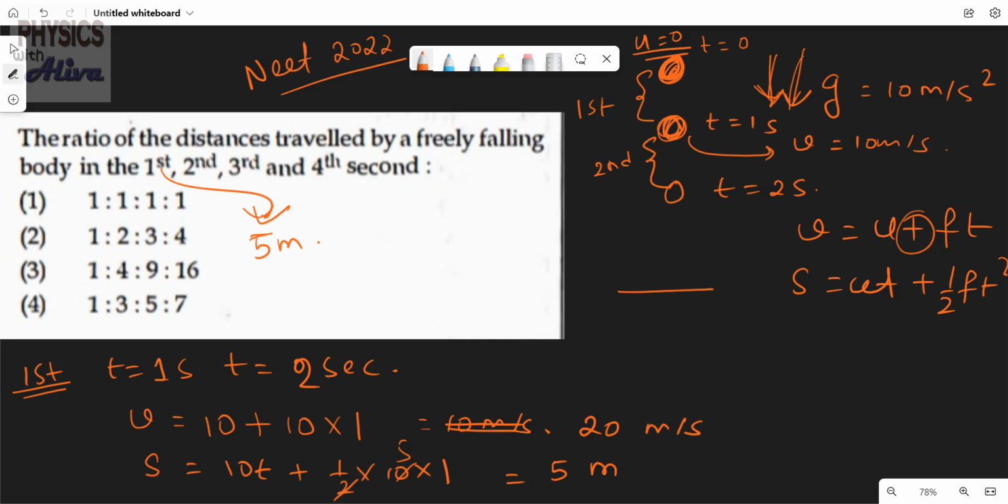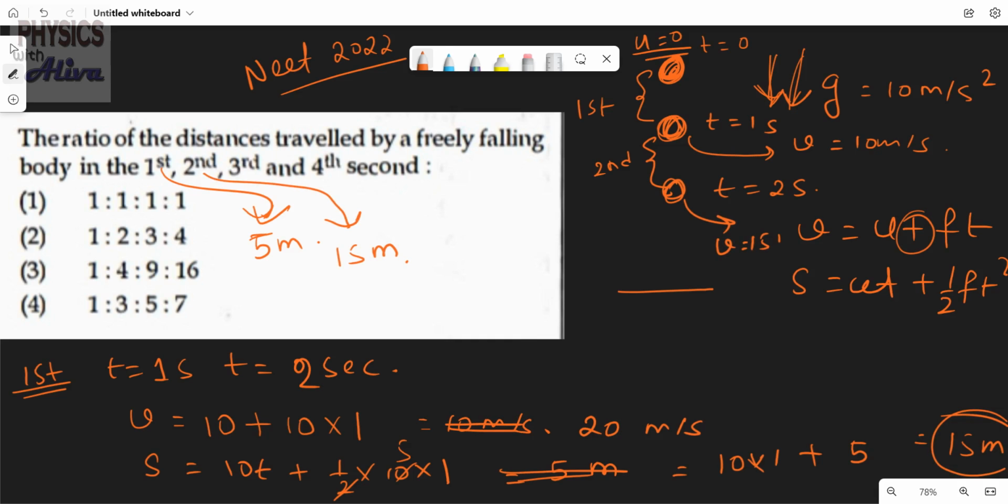And S is 10 into 1 plus 5, so this will be 15 meter. So the distance covered is 15 meter for the second second. And after the second second the velocity will become 20 meter per second.